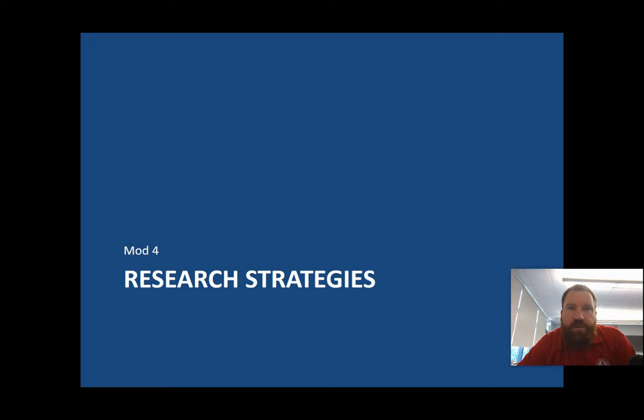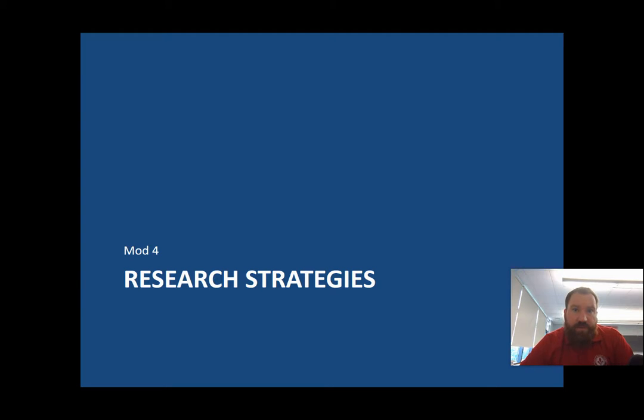This is the first video lesson in Unit 1, Part 2, part of the first unit here, which is focused entirely on research strategies and ways in which we conduct psychology.